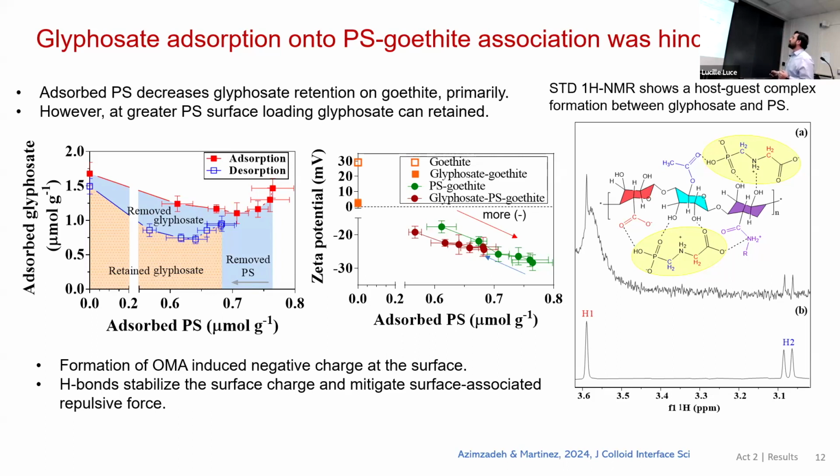We found that when we have a peak of glyphosate in this sample, the STD-NMR spectra actually show we have non-covalent interaction via hydrogen bonding between polysaccharides and glyphosate. They can interact with each other through hydrogen bonding, and hydrogen bonding is a very good sort of interaction to stabilize the complex. So the complex can immobilize easily at the surface. So we have this increase now.